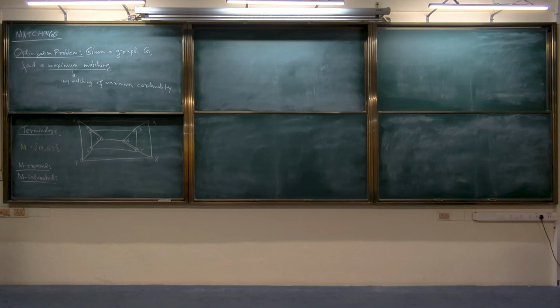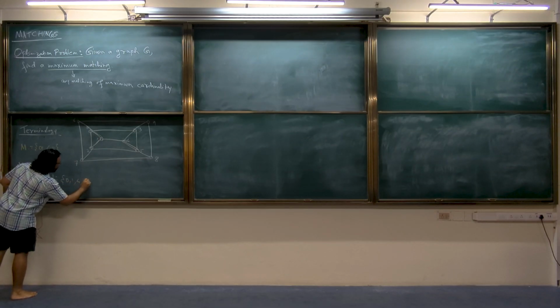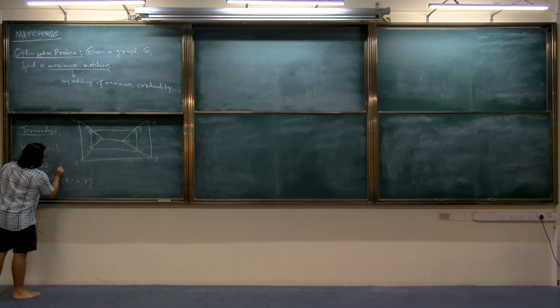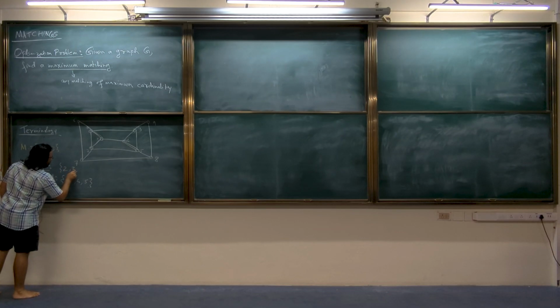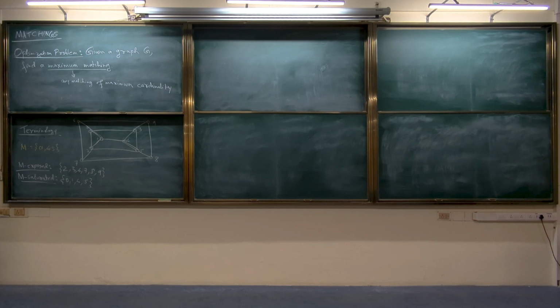How many saturated ones? 4. 0, 1, 4, and 5. The rest of them are exposed: 2, 3, 6, 7, 8, 9. Okay?